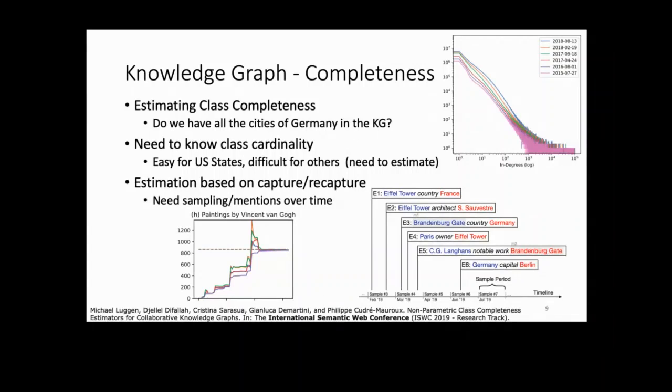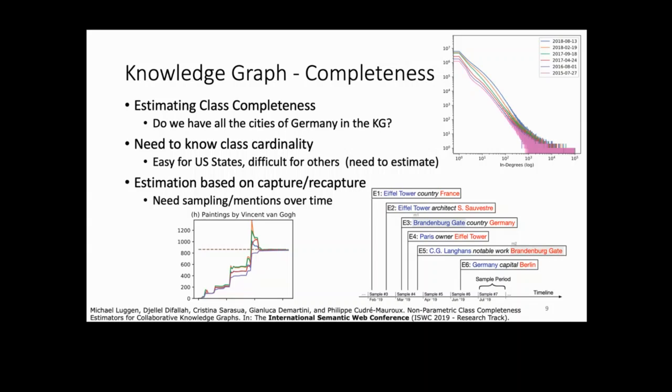What we did is we used statistical methods from computational ecology for estimating the cardinality of classes. So the original example is, if you want to know how many lions there are in the savannah, what you do is you go to the savannah, you start to capture some lions, you tag them, and you let them go. Then after a while, you capture another group of lions, you tag them, and you let them go.